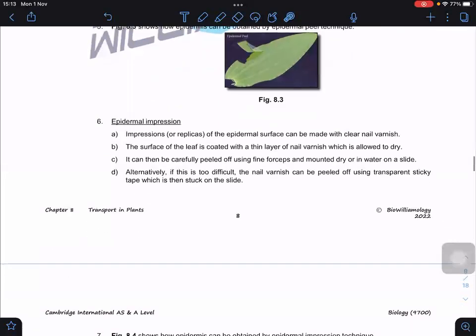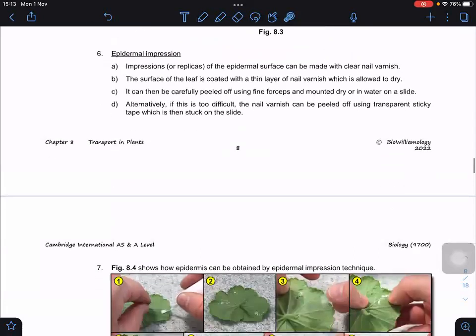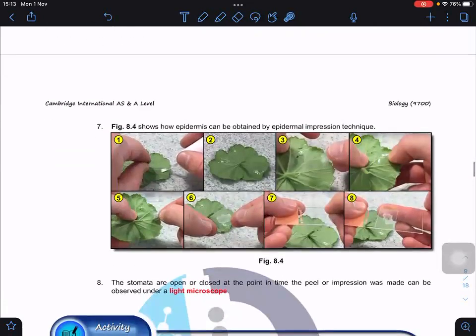In that case we can do what we call the epidermal impression. So what is the epidermal impression? Let us look at this diagram. You have the leaf. It is something like making a rubber stamp. What we do here is apply a layer of nail varnish. Then we use cellophane tape or transparent tape, stick it on this area, and peel it out.